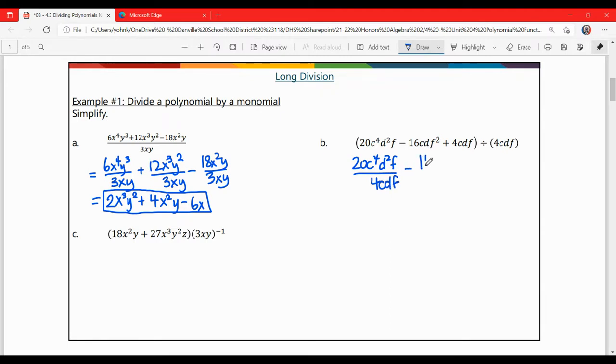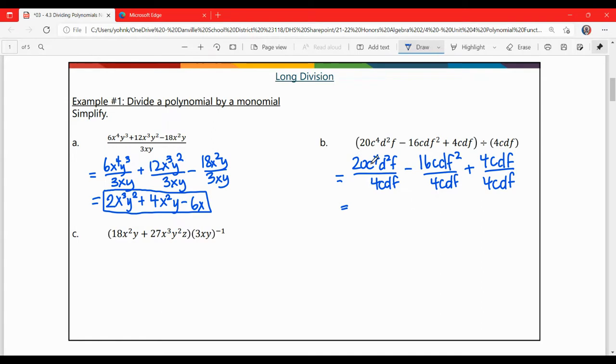Minus, take the second term, 16cdf squared, and divide it by the monomial 4cdf. Then we're going to take the next term, 4cdf, and we're going to divide it by 4cdf. Then we're going to simplify all this.